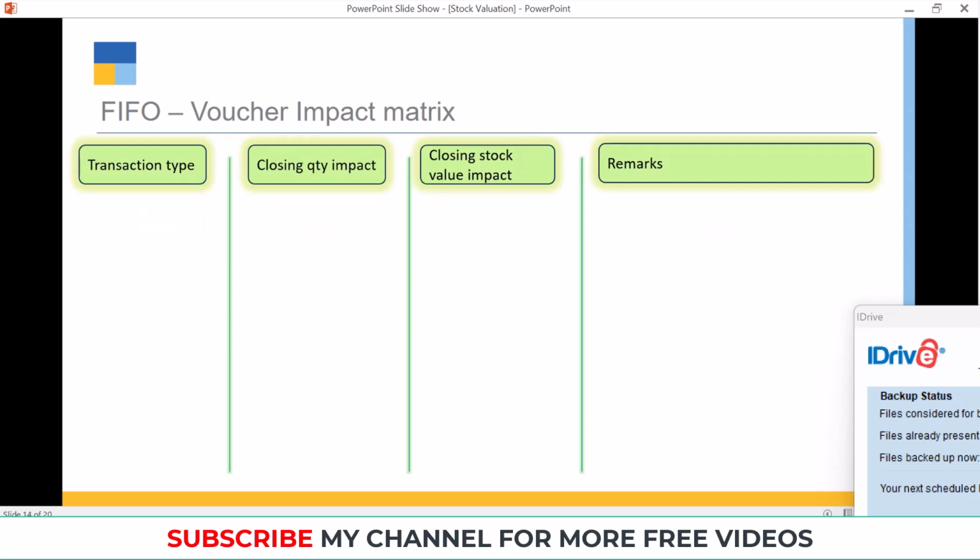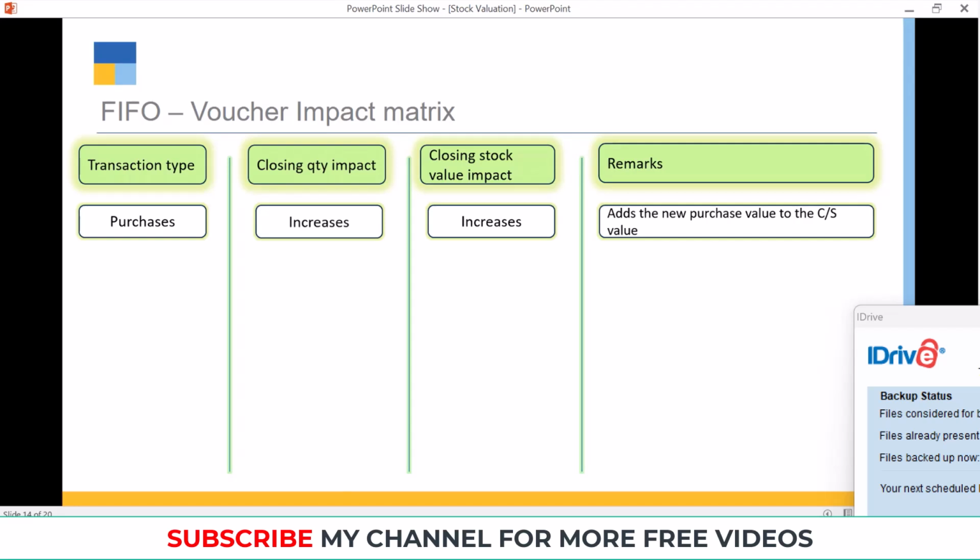Let us look at the impact on FIFO, the voucher impact matrix. When it comes to transaction type, purchases: if you are making any type of purchases, then quantity is going to increase and closing stock value will increase, so it adds the new purchase value to the closing stock value.